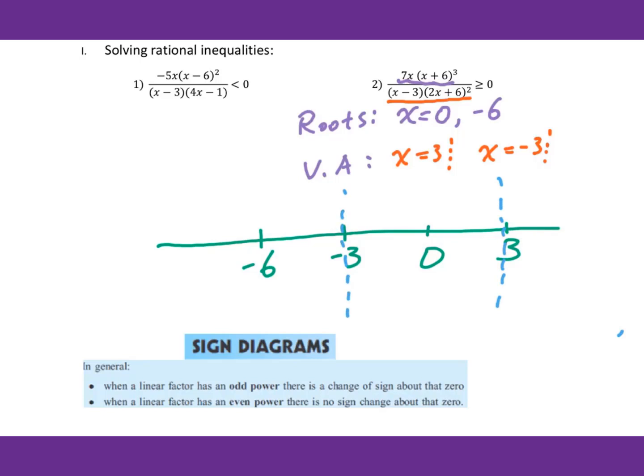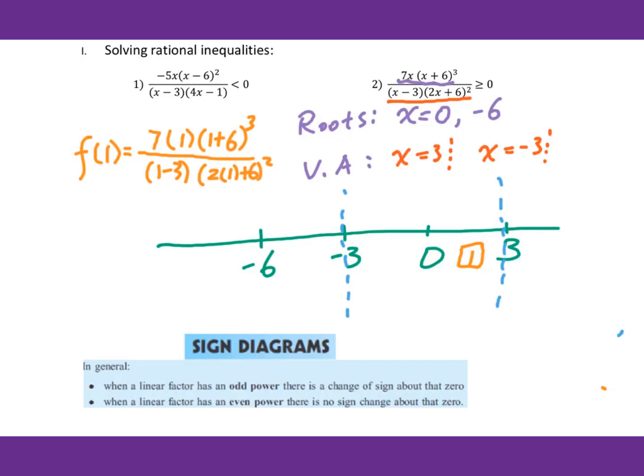I will choose a special number, still 1. Then I plug in, and you will get f of 1 equals 7 times 1, times (1 plus 6) to the third power, over (1 minus 3), times 2 times (1 plus 6) squared.